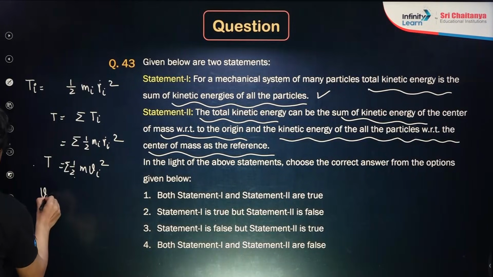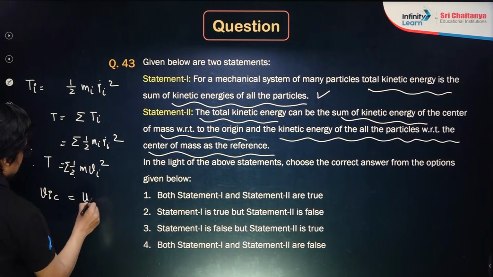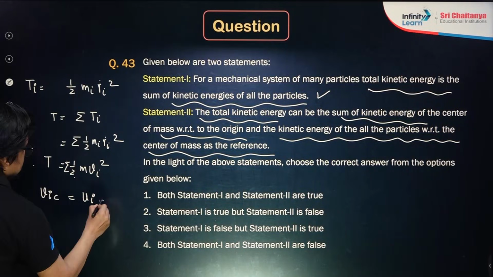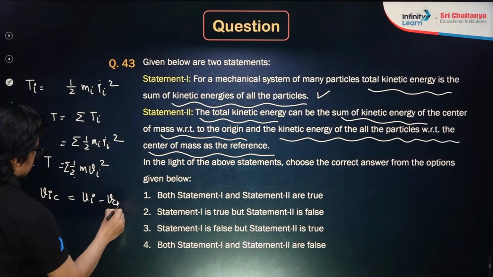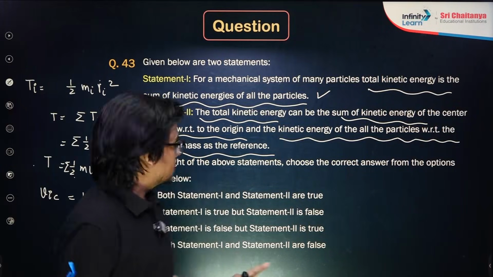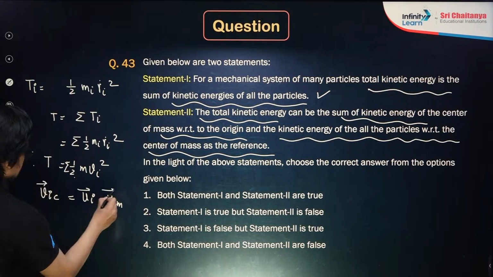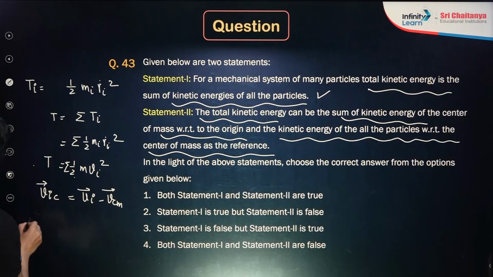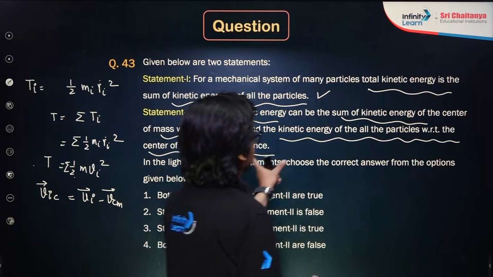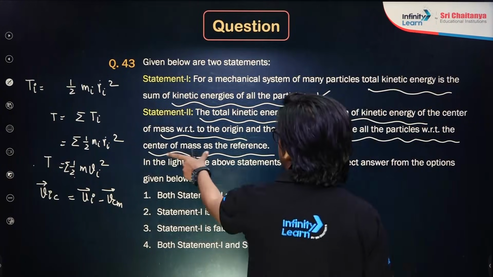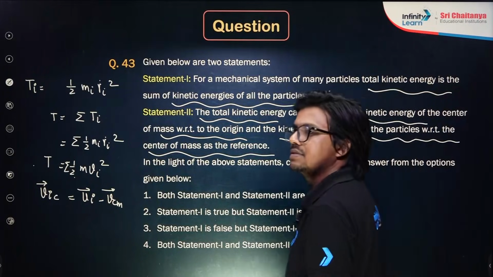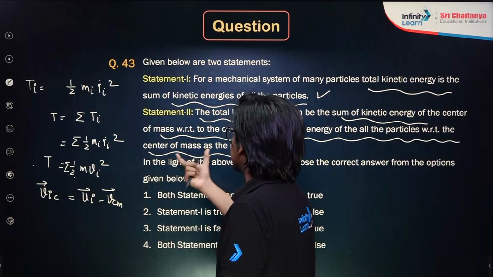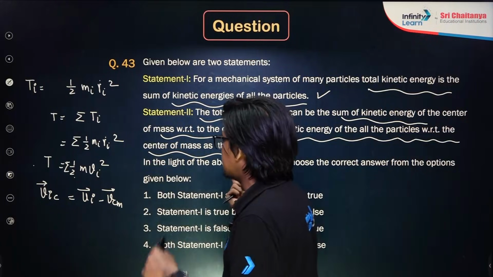Now the velocity of the ith particle with respect to the center of mass, let me call it vic, can be written as the velocity of the ith particle minus the velocity of the center of mass. Obviously I should write it in vector form. Now the kinetic energy of all the particles with respect to the center of mass as the frame of reference means the center of mass is the origin.